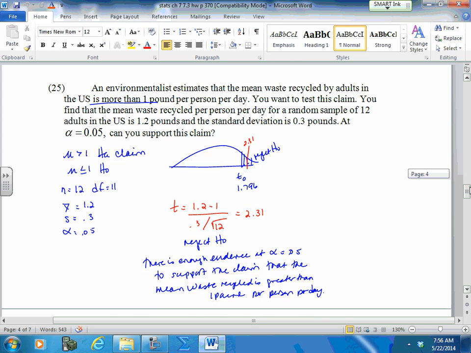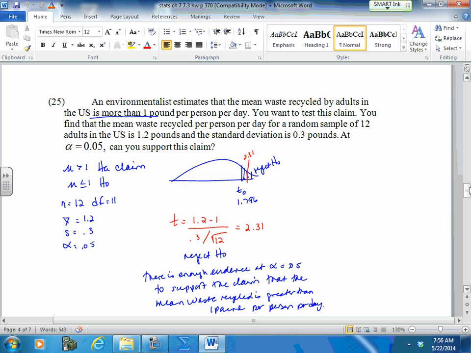All right. Next one. We have an environmentalist who estimates the mean waste is more than 1 pound. That's the claim. So it's the alternative, and the complement would be the H0, which is less than or equal to. Follow the tail of your HA. Find your cutoff, 1 tail at 0.05.